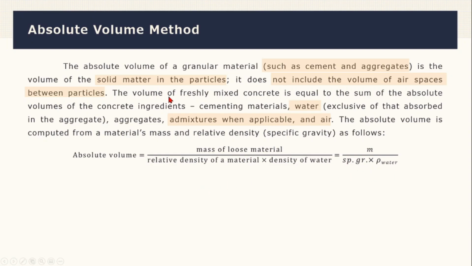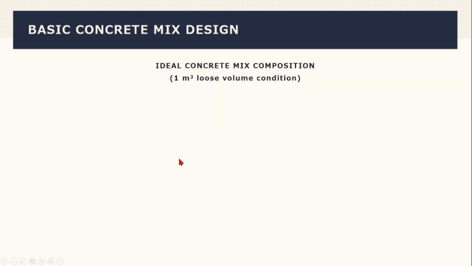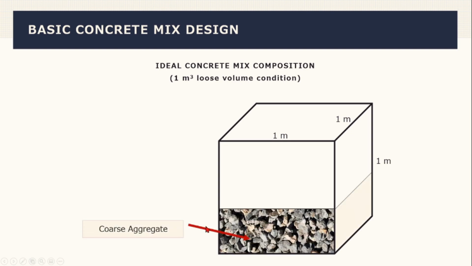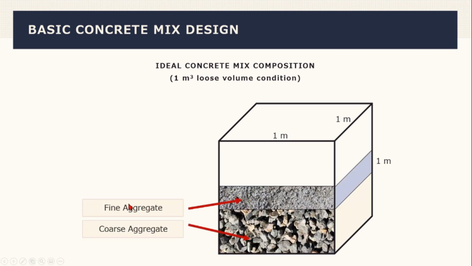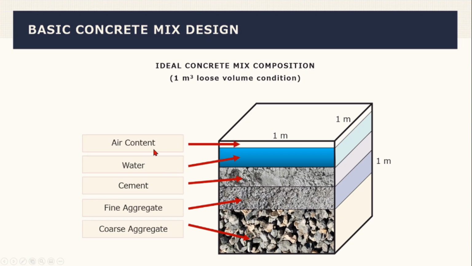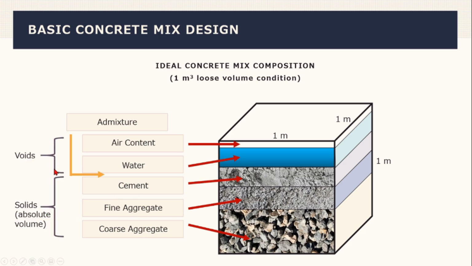Now, to understand this absolute volume method, let us take a look at 1 cubic meter of freshly mixed concrete. This 1 cubic meter of concrete should contain coarse aggregates, fine aggregates, cement, water, air content, and if applicable, it should also contain admixture. And these three should be in solid state, absolute volume, and these three are the voids.